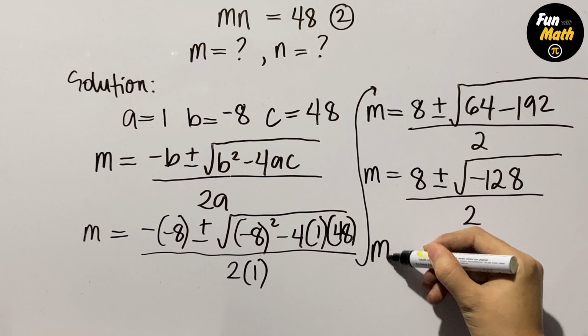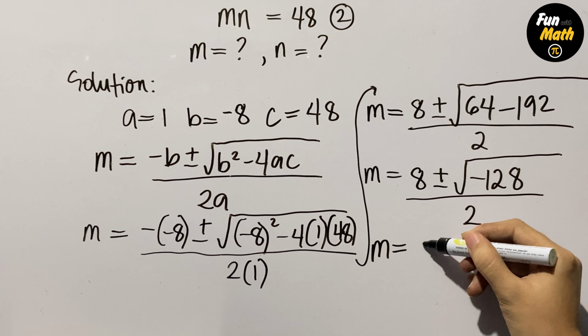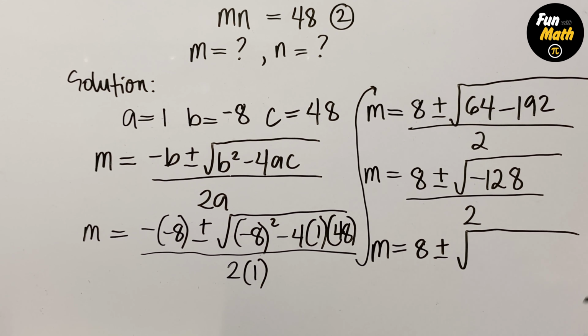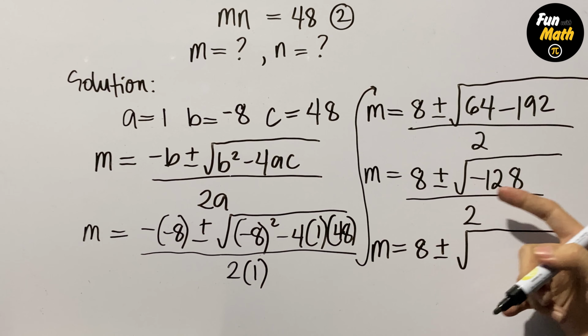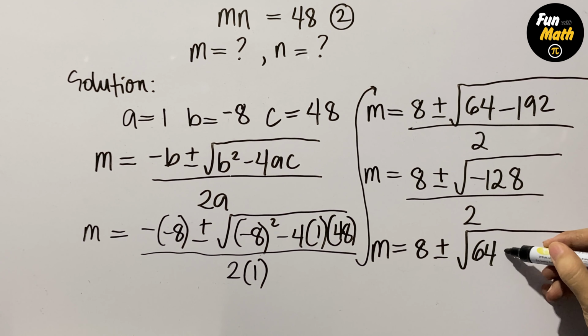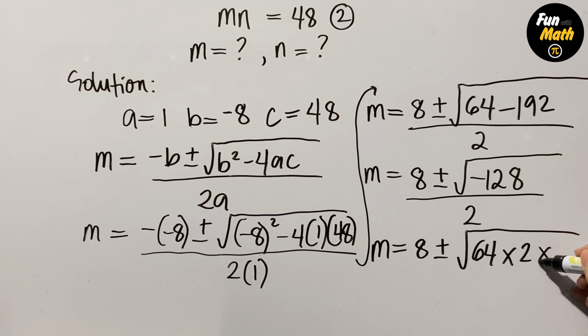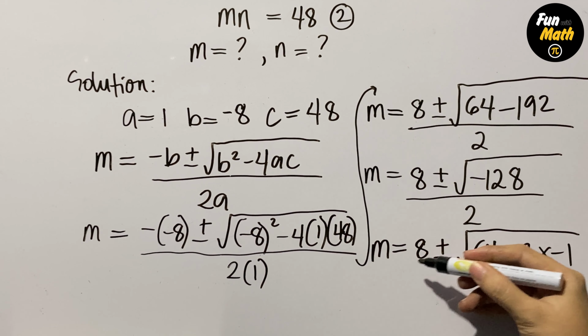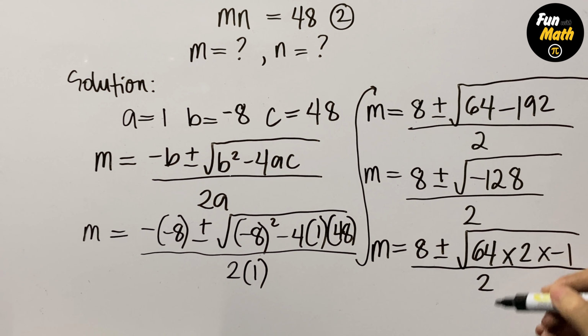The next, m equals 8 plus or minus the square root of negative 128. We can split that into 64 times 2 times negative 1, since we have a negative sign, all over 2.